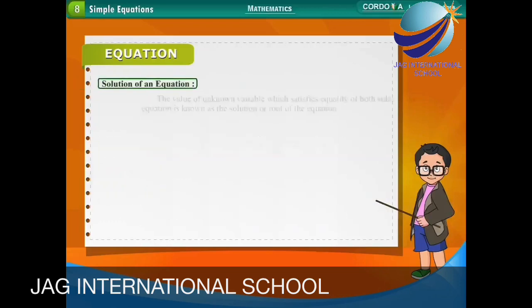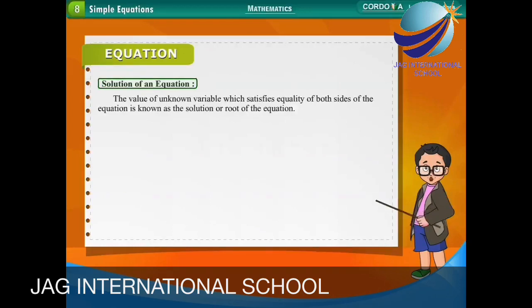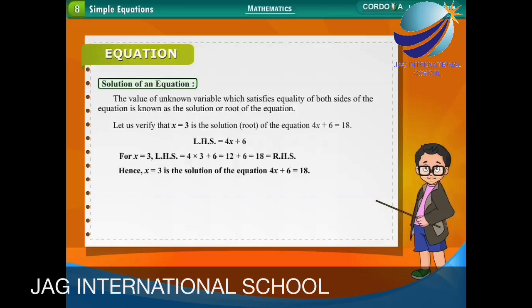Solution of an equation. The value of the unknown variable which satisfies the equality of both sides of the equation is known as the solution or root of the equation. Let us verify that x is equal to 3 is the solution, root, of the equation 4x plus 6 is equal to 18.